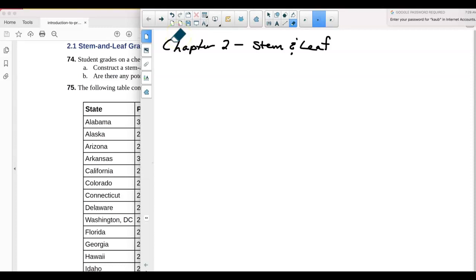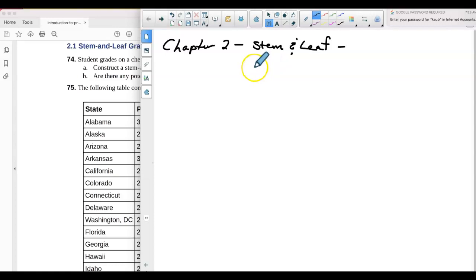A stem and leaf is a display that shows the initial value plus its extra value, like tens and hundreds here. It has two positions. It's like a bar graph turned on its side.